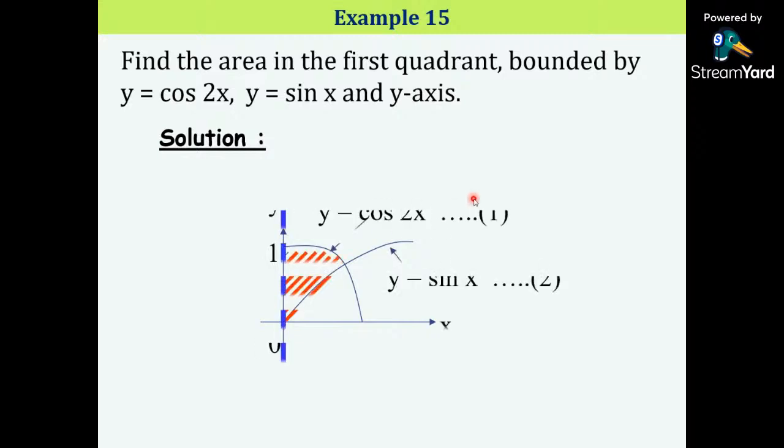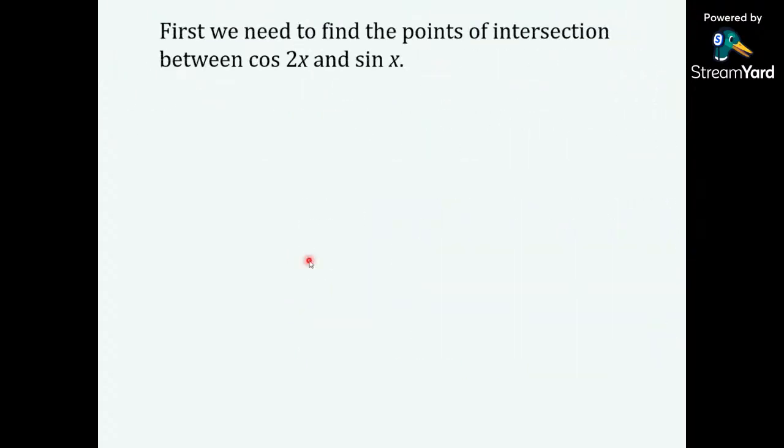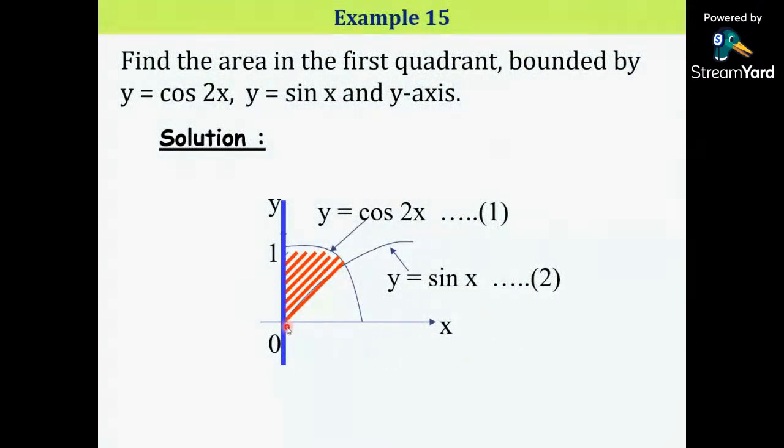So clearly, the shaded region will be over here. First of all, we need to find the point of intersection between cos 2x and sine x, because we need to know the value of the point between the two curves.